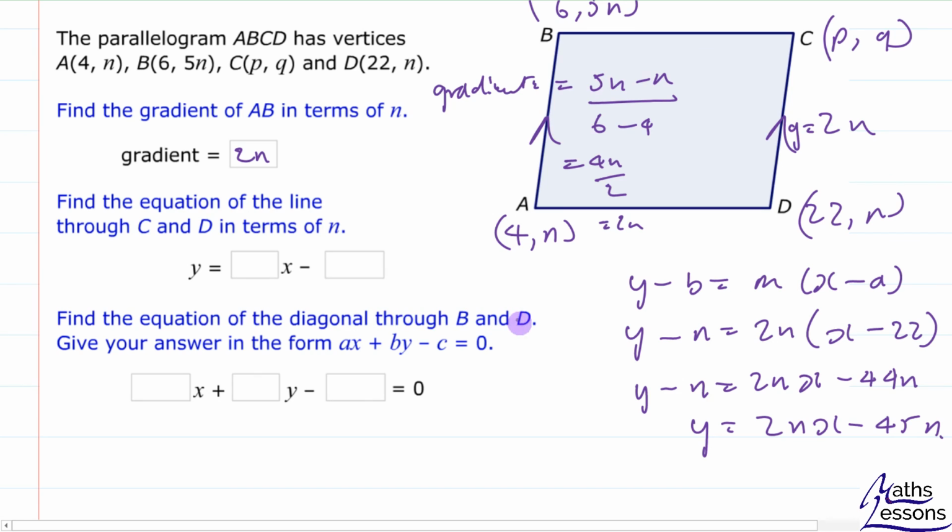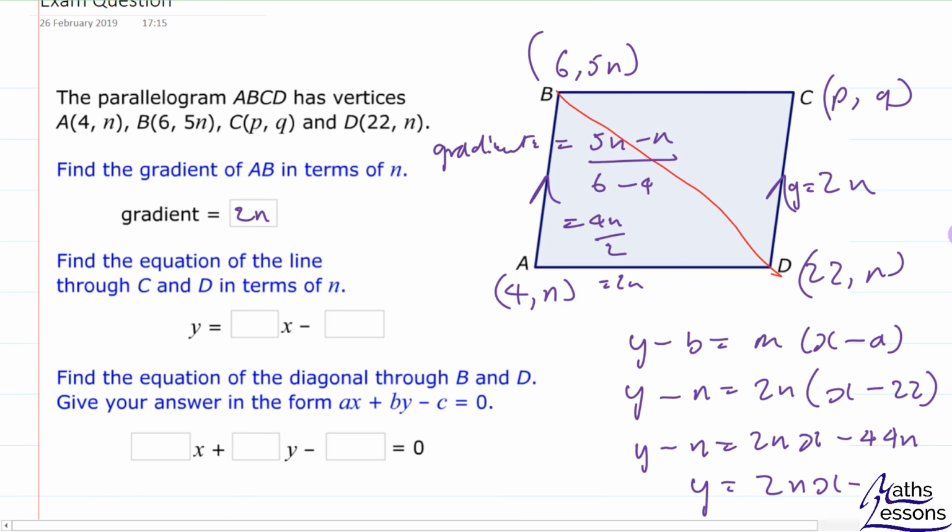Find the equation of diagonal through BD and give your answer in the form ax plus by minus c. So first of all we need to find the gradient. The gradient will equal the change in y, which is 5n minus n, over the change in x, which is 6 minus 22.